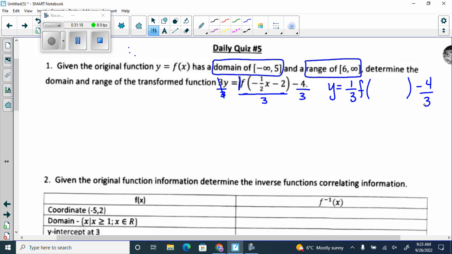Now I need to get to that something in the middle. What do I have to remember to do? Take out the negative a half. And when I divide by negative a half, I'm actually multiplying by negative 2. So it's going to be x plus negative 2 divided by negative a half, which is the same as negative 2 times negative 2 over 1, which is just 4.